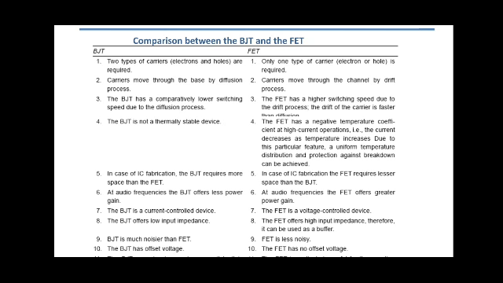Next, here the BJT is not a thermally stable device. Okay, so why? Because as you keep on increasing the temperature, the diffusion process increases, and the device becomes unstable. More number of carriers are generated, and at the junctions you are having high electric field.